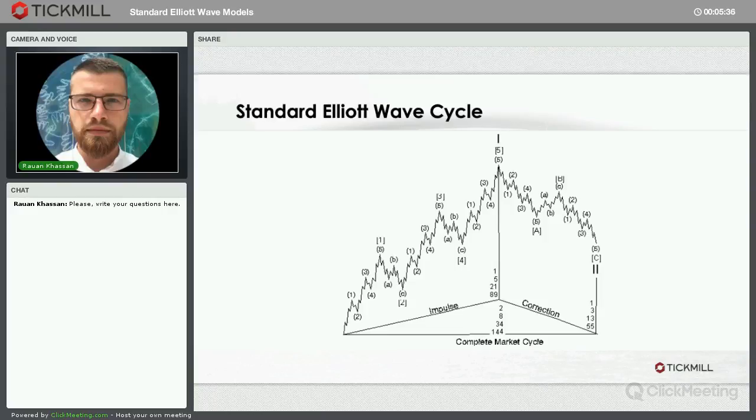Interestingly, each of the parts, as described on the chart, consists of smaller waves as well. If you have a look at the first part of the impulse trend, it consists of impulse trend waves of a smaller scale, and they are marked with smaller numbers as well.